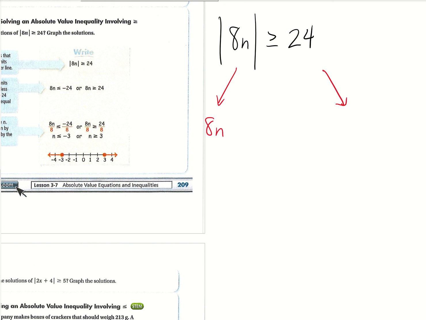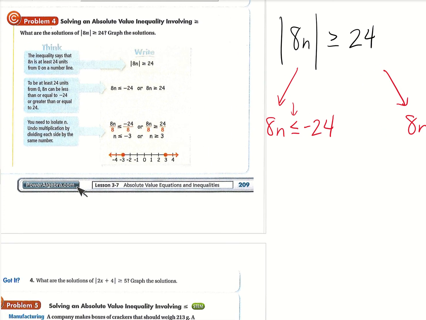So this will split into 2 different inequalities. We have 8n is less than or equal to negative 24, or 8n is greater than or equal to 24. You'll notice this sign right here flips. The reason for that is you flipped the sign right here for 24.